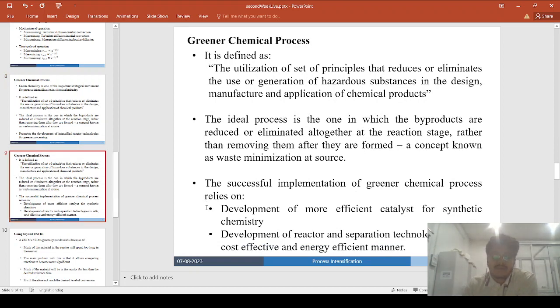The successful implementation of greener chemical processes relies on the development of more efficient catalysts for synthetic chemistry and the development of reactor and separation technologies in a safe, cost-effective and energy-efficient manner. So yeah, that will determine your successful implementation of greener chemical processes.